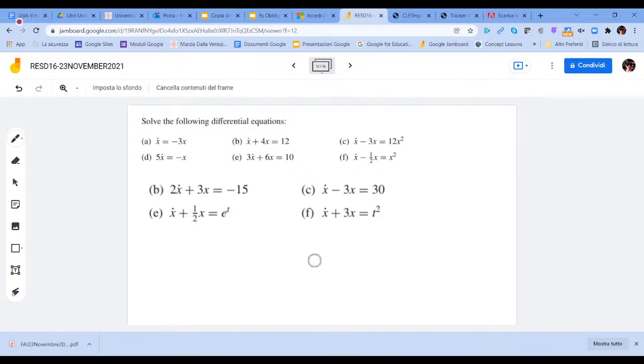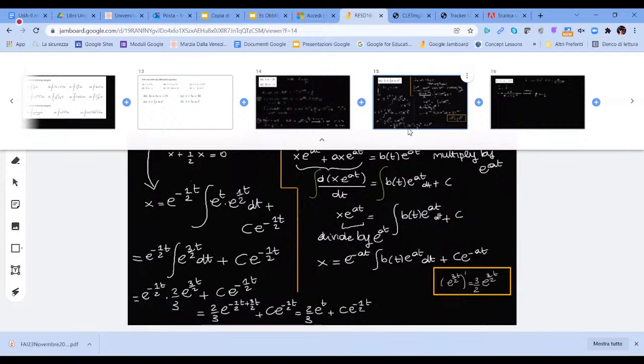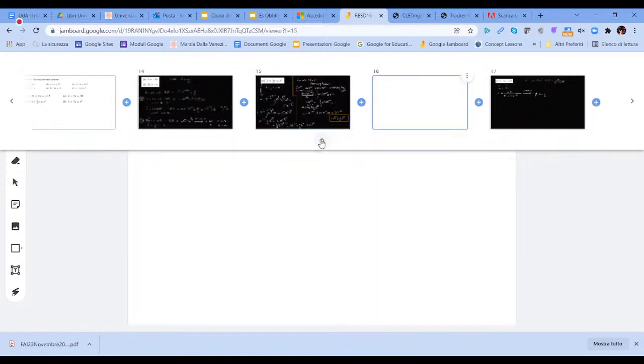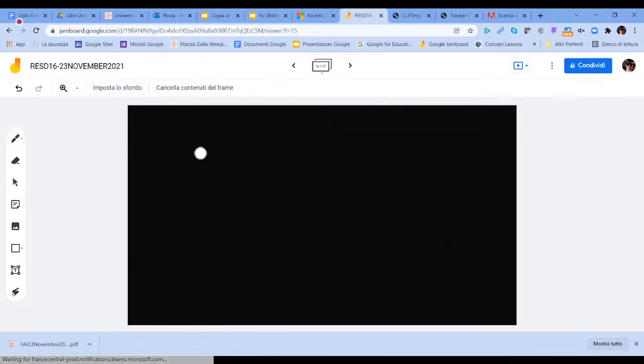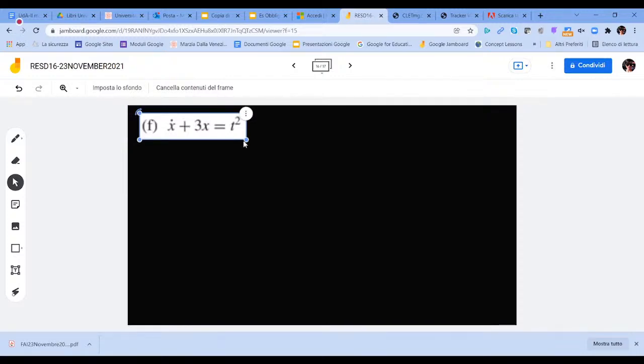Okay, let's do this one, because I think this is something that you need to apply more than once. This is the same type as this one. I can put a new one. Then we can apply once again the rule, and maybe I can show you how to solve some easy ones with separable variables.